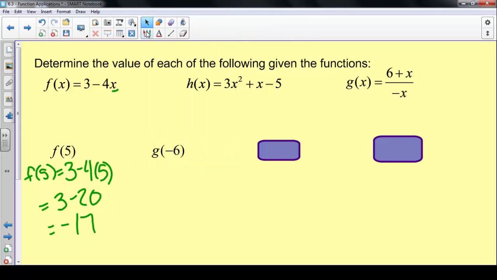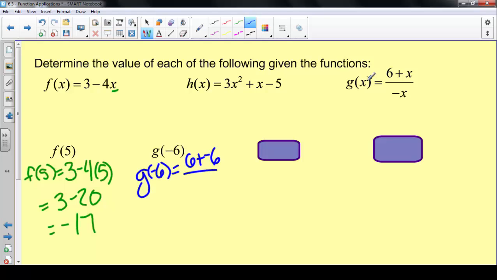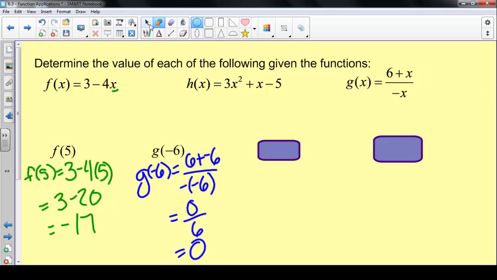Now this next one is g of -6. And so we're going to have to come here because this one has the g. Once again, just plug it in and simplify as much as possible.